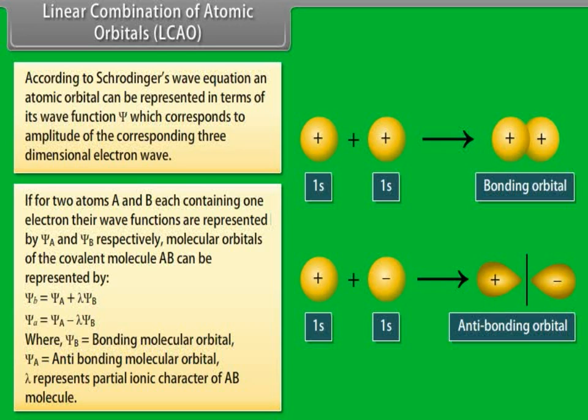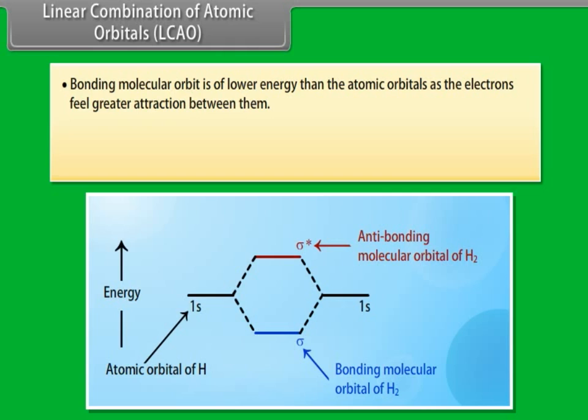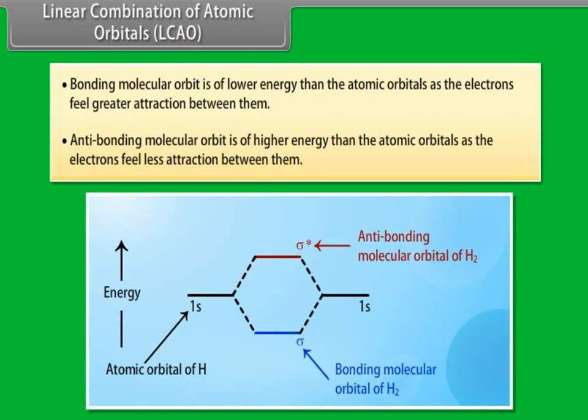Lambda represents partial ionic character of AB molecule. Bonding molecular orbital is of lower energy than the atomic orbitals as the electrons feel greater attraction between them. Anti-bonding molecular orbital is of higher energy than the atomic orbitals as the electrons feel less attraction between them.